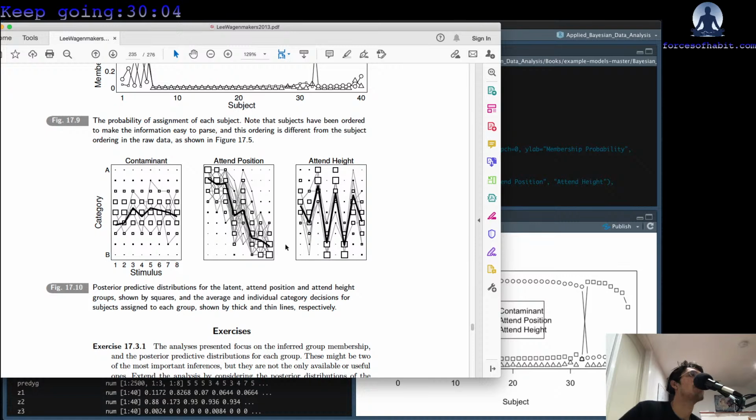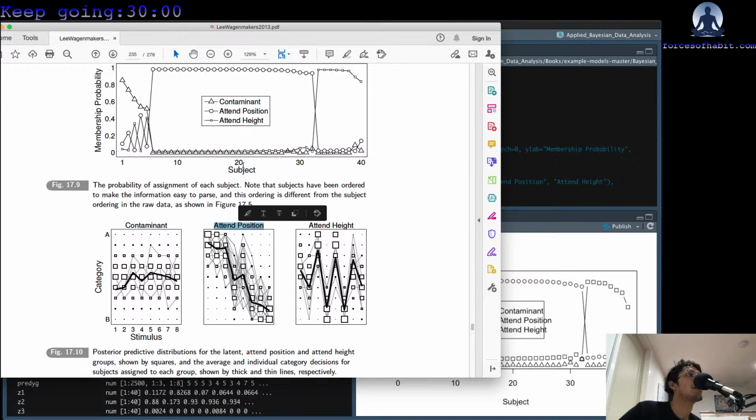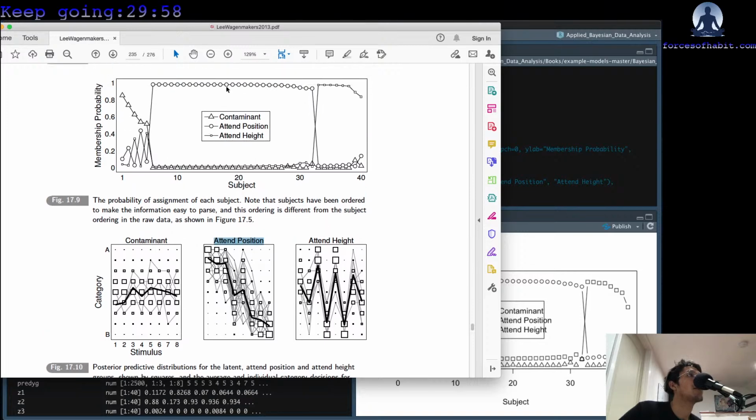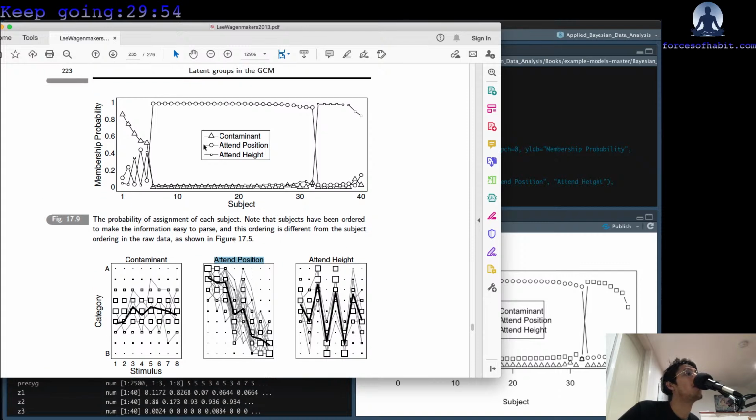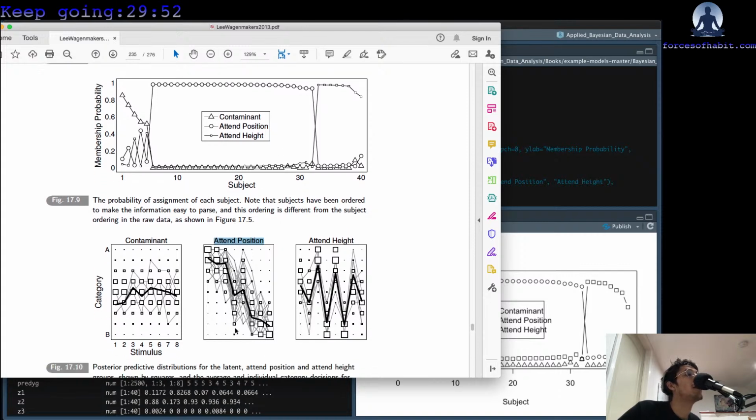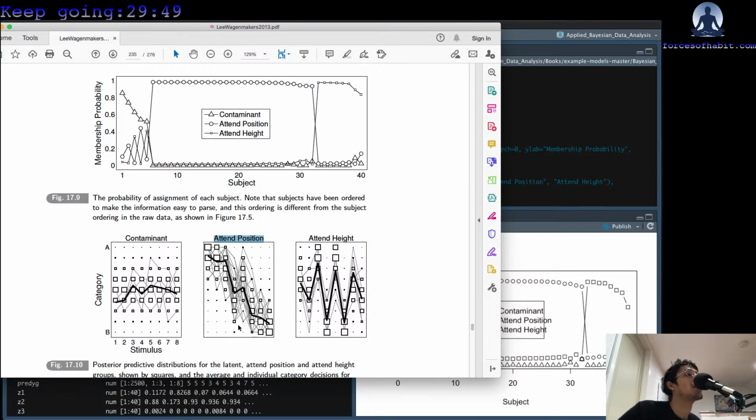So this is like the group average pattern as well, because people mostly attended to the position. And that makes sense. See why this so heavily dominated the averages that we saw in the distributions of the predictions for categorizing as A earlier. Though some people don't. And this is the pattern of responses for people who attend to height.